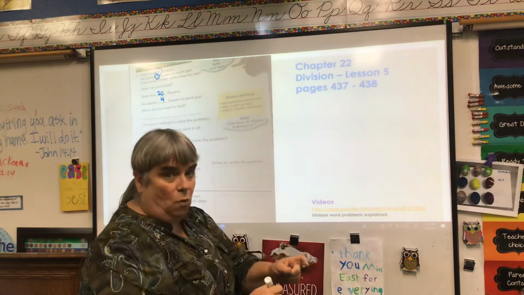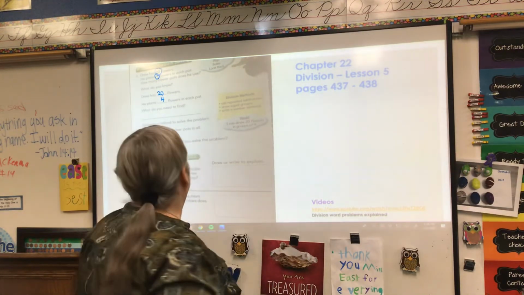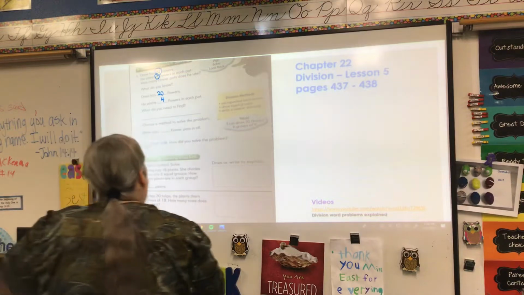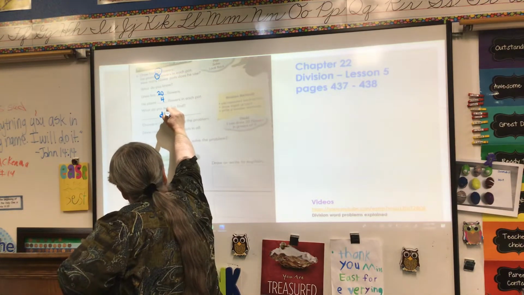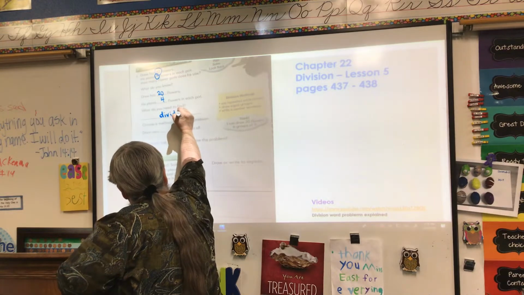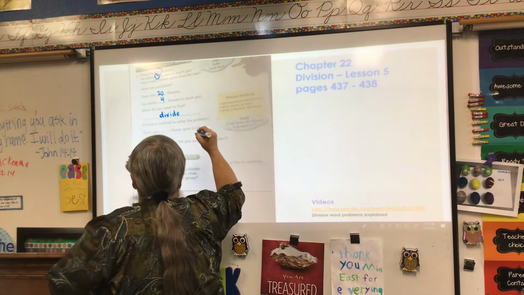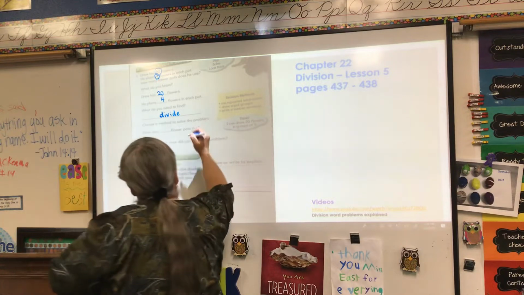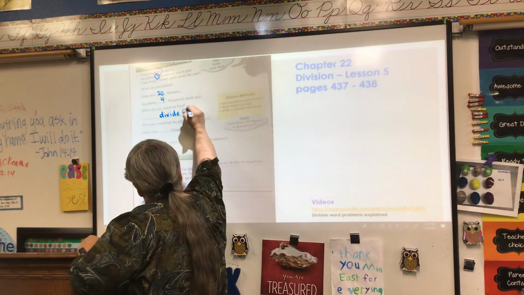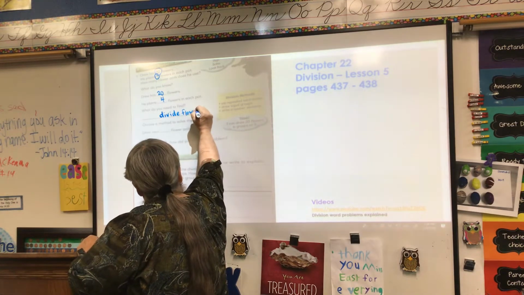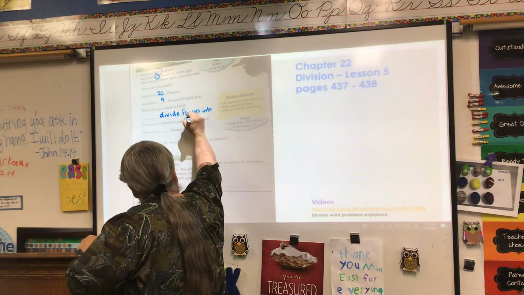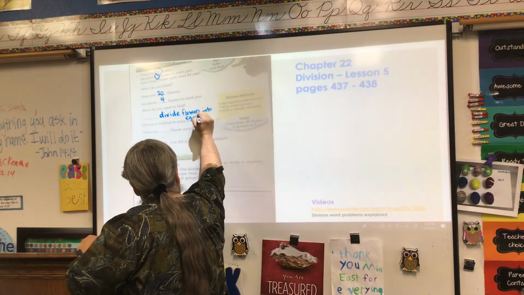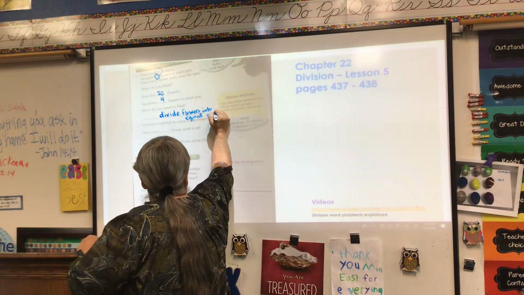I know there are 4 in each equal group. What do you need to find? I need to divide. I'm going to divide flowers into equal, it's important to say equal, groups.